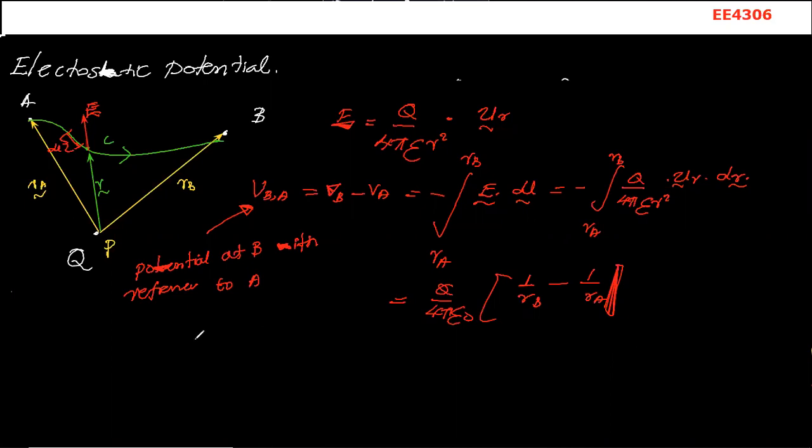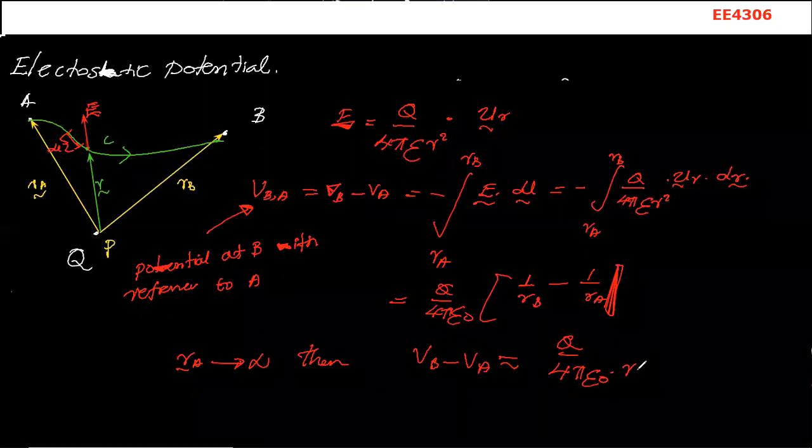So when you move this RA vector to infinity, then VB minus VA is almost equal to Q divided by 4 pi epsilon naught into RB.